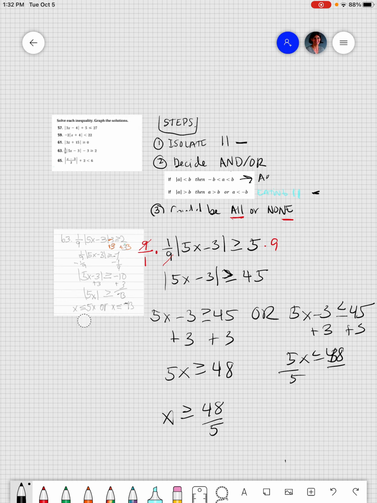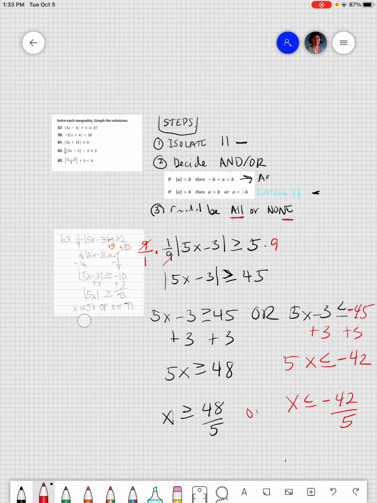I forgot to put the negative here. I'm like, how did I get the same answer? When I flipped the sign over, I needed to make this be negative 45, and this will make it correct. So 5x is less than or equal to negative 42, so x is less than or equal to negative 42/5.